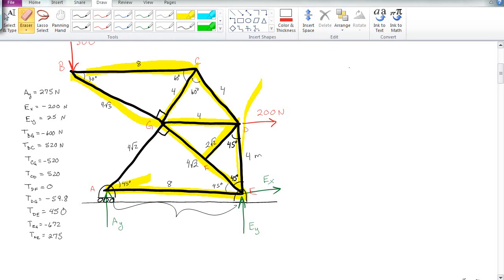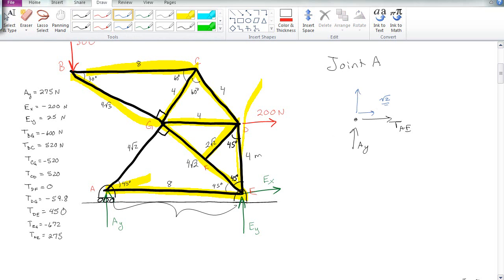So let's look at joint A. So if we look at joint A, we've got a force coming off this way. It's force AE, tension AE. We've got one going this way, which is tension AG, and we've got just AY coming up here. Now tension AG is still at that 45-degree angle, which means we can rewrite it as square root of 2 over 2 in both directions.